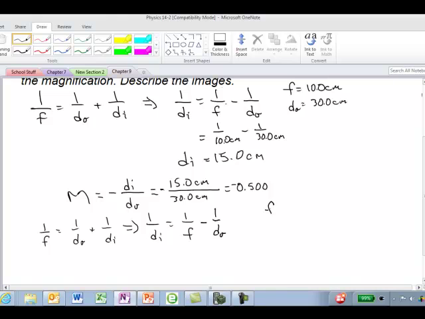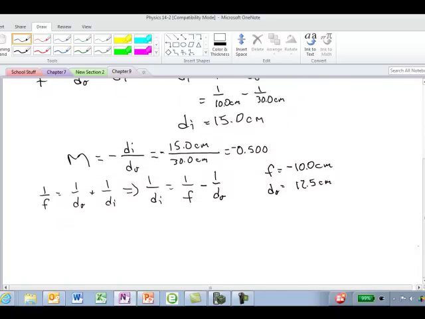In this case, since this is a diverging lens, f is minus 10.0 centimeters, and dO is 12.5 centimeters. Putting those values into this equation, we get 1 over dI is equal to 1 over negative 10.0 centimeters minus 1 over 12.5 centimeters.